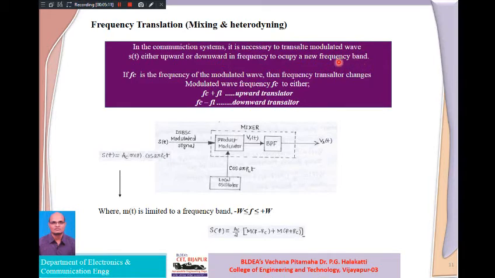Means in simple words, many times we need shifting of the frequency bands in either the plus or minus direction for our modulated wave. For example, if fc is the frequency of the modulated wave, then a frequency translator simply changes this modulated wave frequency fc in the upward direction, that is plus fl, or downward direction, that is minus fl.